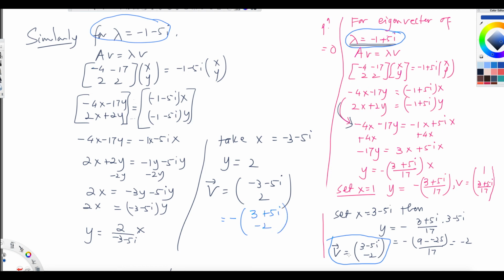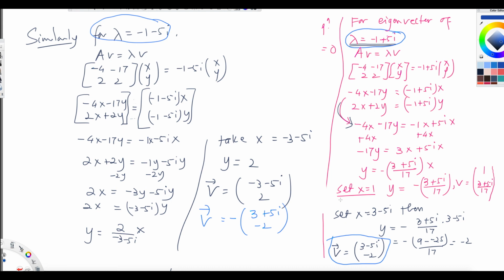You see that? Look at this vector and that vector. Don't worry about this vector v, because anything parallel to this vector will also be an eigenvector. Don't worry about the negative sign. But what we can see is that this vector is the conjugate of that vector.